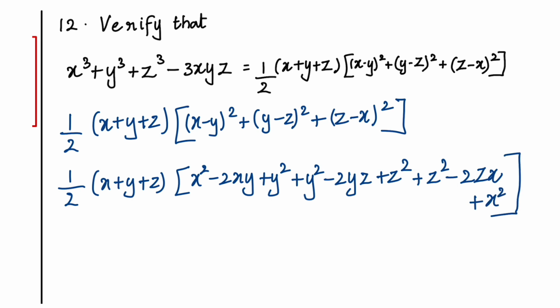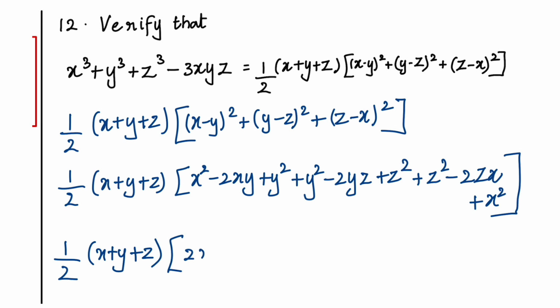Now you can group these terms. So 1 by 2 into x plus y plus z, and then we have 2x squared, right? One x squared is here and the other x squared is here, one y squared is here and another y squared is here. We have one z squared here and another z squared there. So we are going to group them.